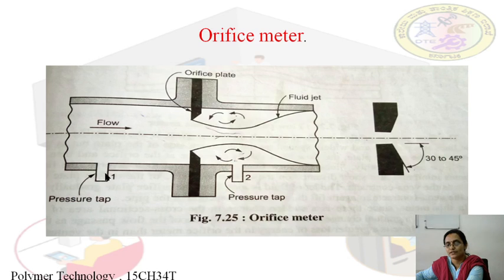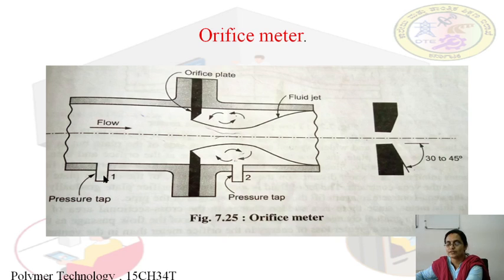This is pressure tap 1, and pressure tap 2 is fixed at the point where the velocity is maximum, and hence low pressure is created. The opening in this plate is called the orifice. The diameter of the orifice can be changed.